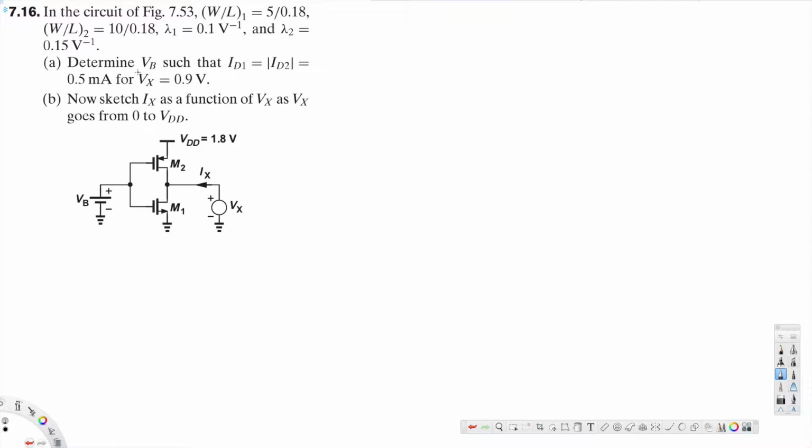Okay, so here they have asked to find out the VB. Let's go ahead and do that. Here we have the drain current equation, that's ID is equal to half mu n COX, that's 200 times 10 to the power of minus 6, times W over L, that's provided right here, 5 over 0.18, times VB minus V threshold, that is 0.4, whole square.